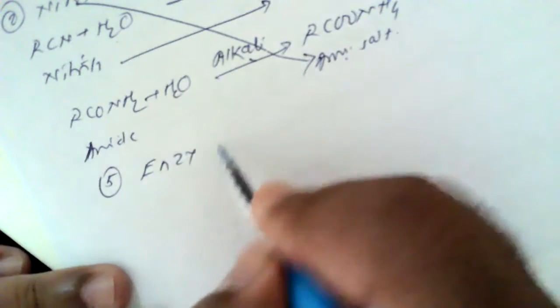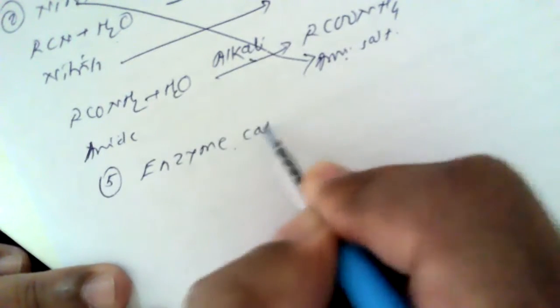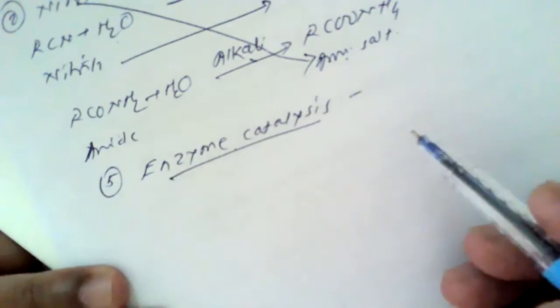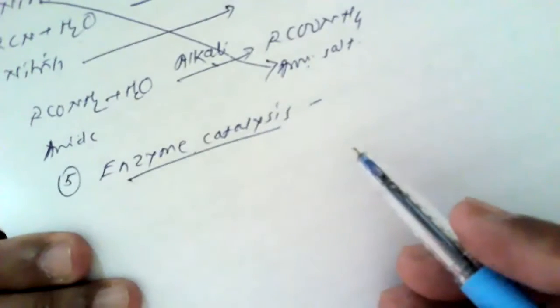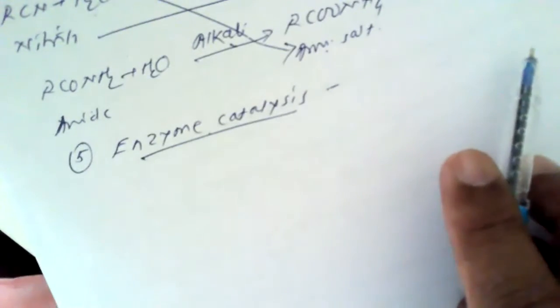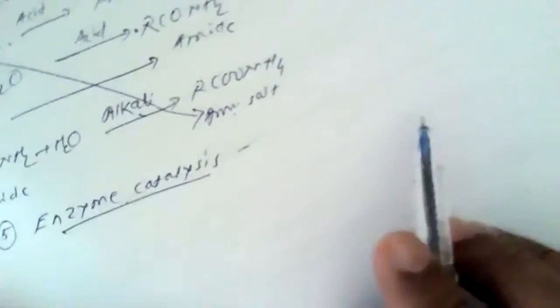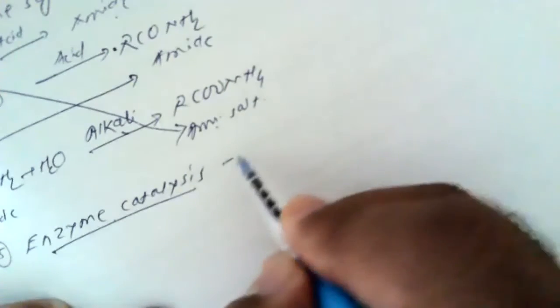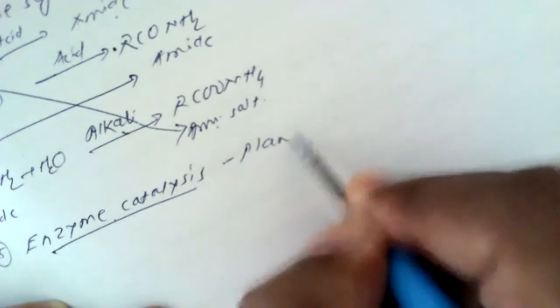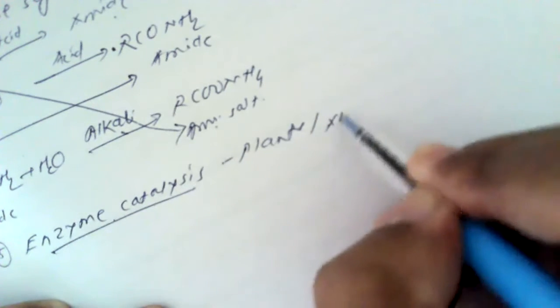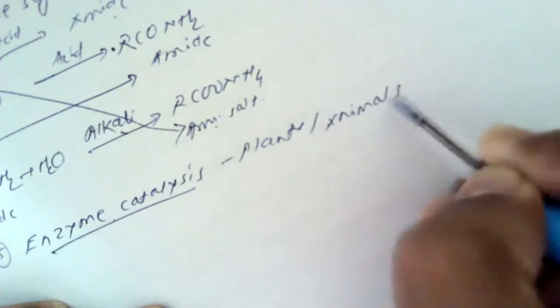Now the fifth type is known as enzyme catalysis. The word itself suggests that these are the reactions which are speeded up by enzymes. We know that in our body, or in animals or in plants, a large number of enzymes are present.